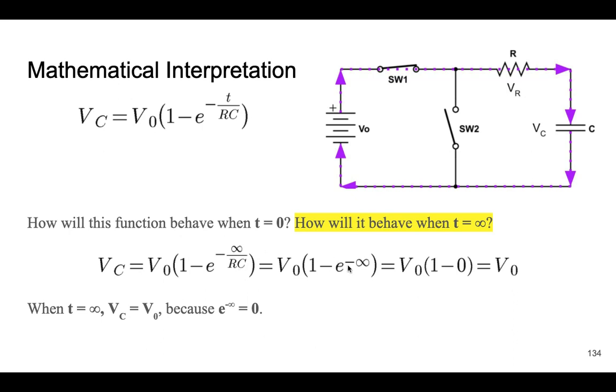This just ends up being e to the minus infinity. E to the minus infinity is the same thing as 1 over e to the infinity. So that's just going to tend towards 0. So you end up with V naught times 1 minus 0, which is just V naught. So what that's telling us is after a very long time, after infinite time, the voltage across the capacitor will equal the voltage across the battery.